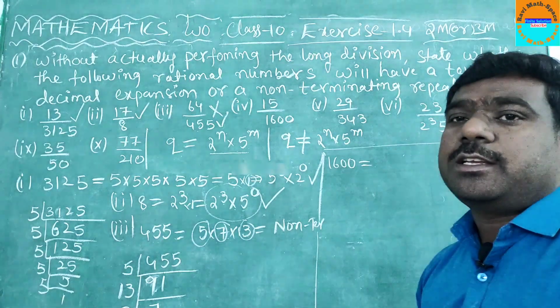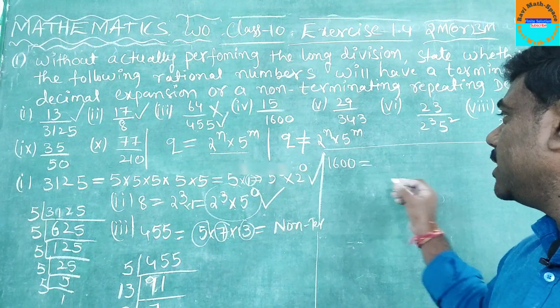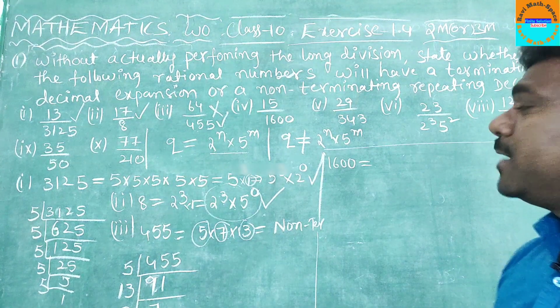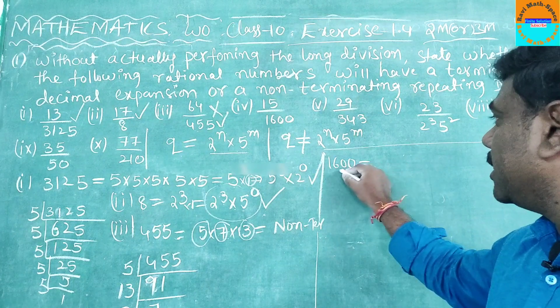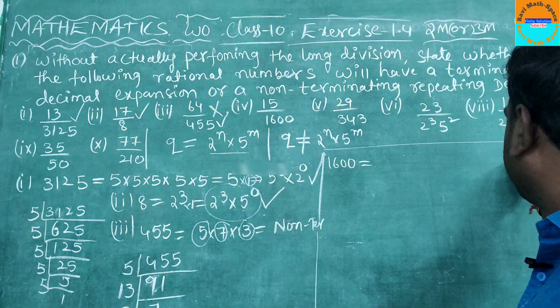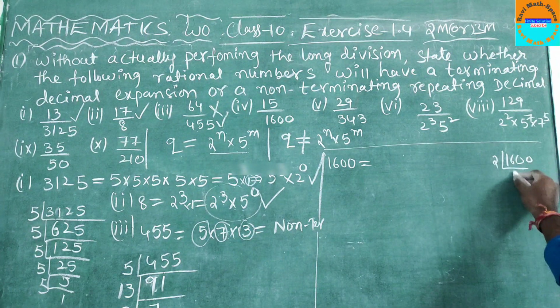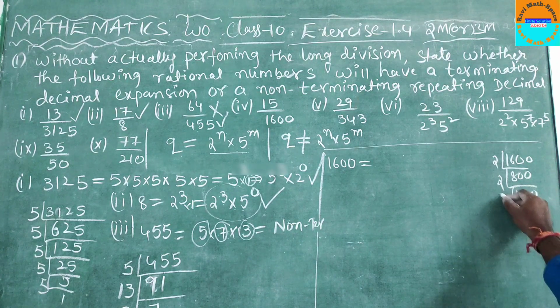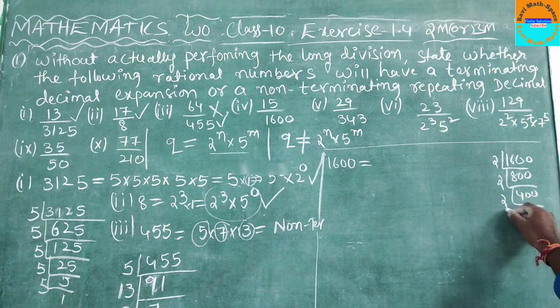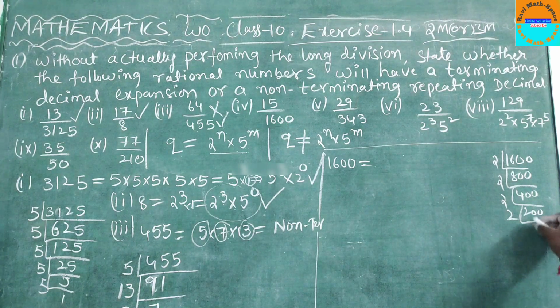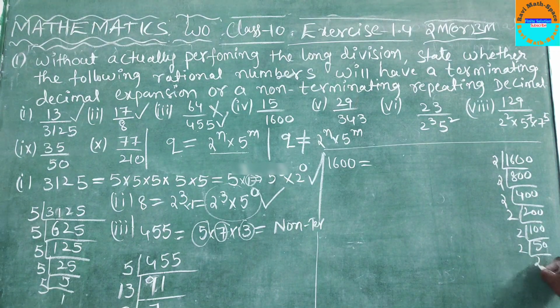1600. Now 1600. How can we write here? 1600, see here, prime factorization. 2 800s, 2 400s, 2 200s, 2 100s, 2 50s, 2 25s, 5 5s.